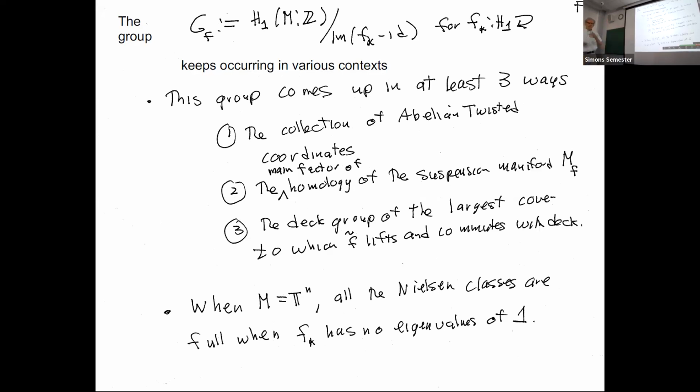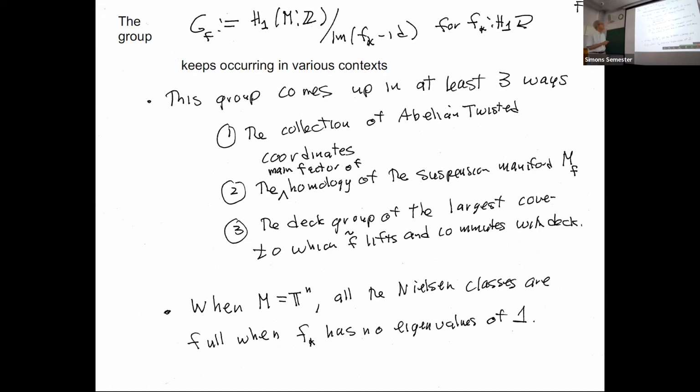If you suspend the map, then in fact, this is the main interesting factor in the homology of the suspension. There's a Z factor there, which is just the period. And I haven't talked about this, but it also turns out to be the deck group of the largest cover to which F lifts and commutes with deck. All right, so for example, on the torus, which as I said last time is a very special case where all the Nielsen classes are full, assume you don't have an eigenvalue of 1.